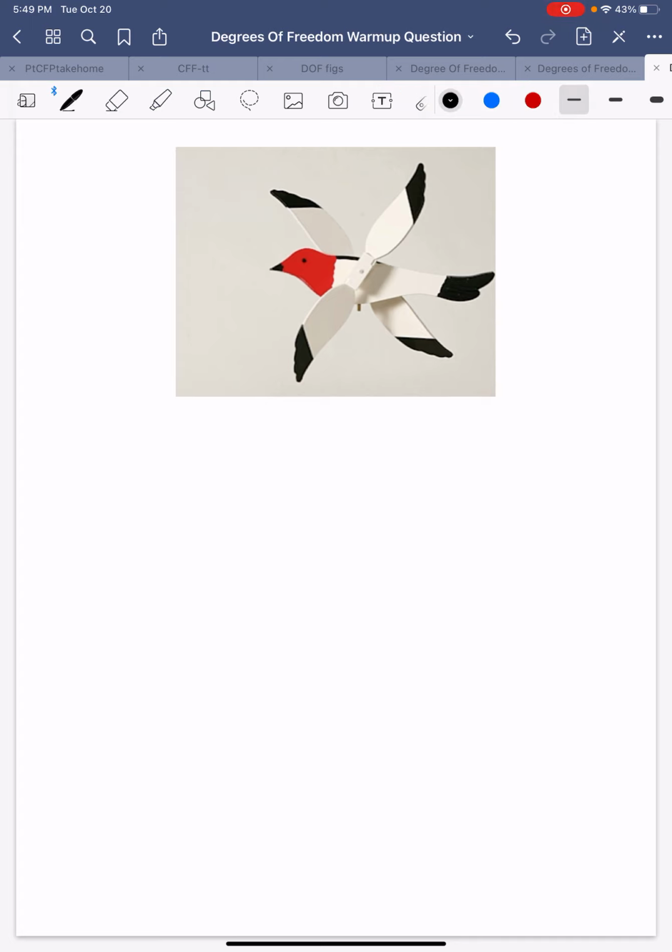To help us reason this out, I think it's helpful to imagine looking at first a top-down view. And so we would have something schematically like this. Here's the body of the bird, and it's rotating around a vertical axis, right? And then, of course, there are some wings that are attached to the body, around some axis like this.